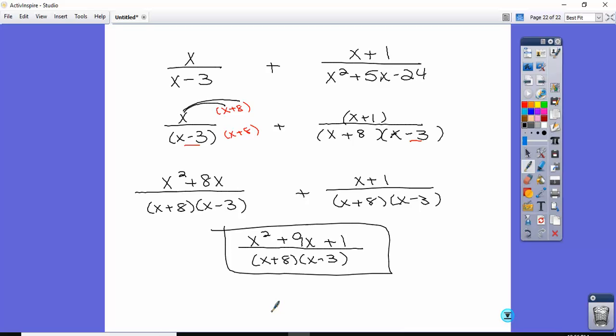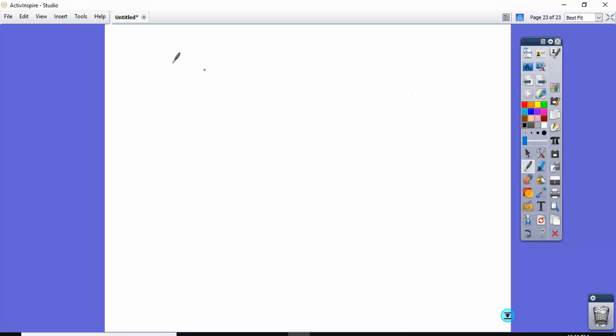Number 4. So 8 over 9 to the negative 3 over 2. What does a negative exponent do?